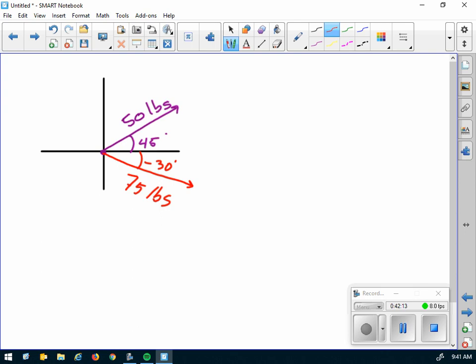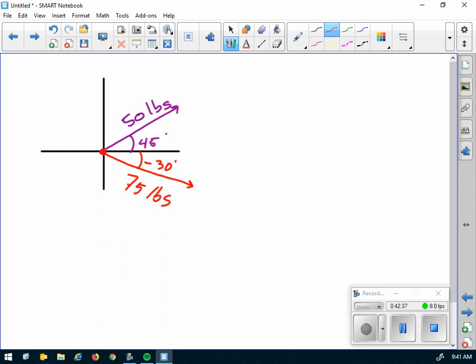Now, this is going to seem like a really weird example, but let's say that Kenya is standing right here. Kenya's got a rope around her waist, okay? Actually, she got two.